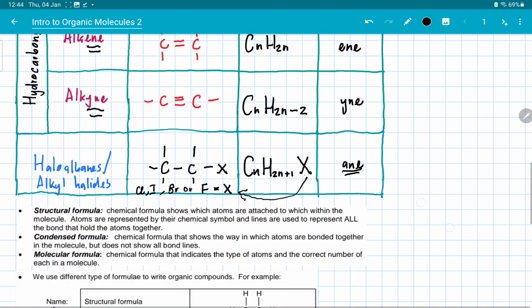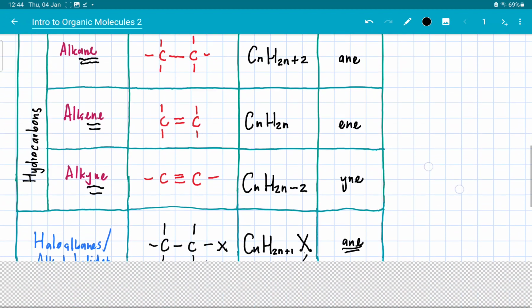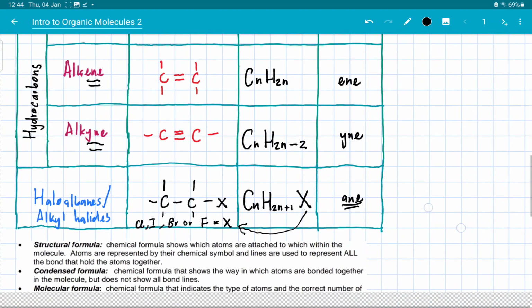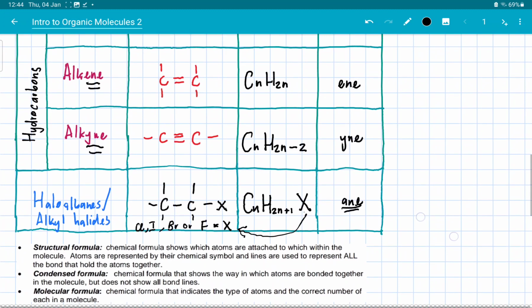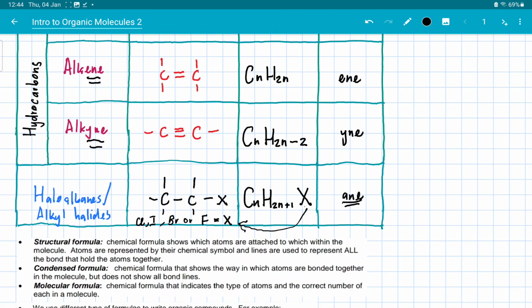Before we discuss examples, let's get back to the formulas. Yesterday I reminded you about the specific formulas that we use. But for today's purposes, I just want to focus on structural formula and molecular formula. If we read the definition, a structural formula is a chemical formula that shows which atoms are attached to which.